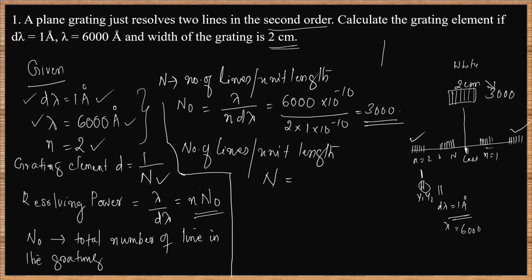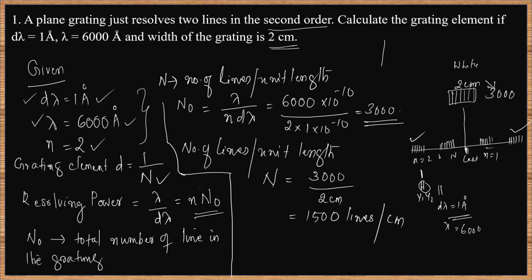Total number of lines, 3000, divided by the total width of the grating, 2 centimeter. That means 1500 lines per centimeter.